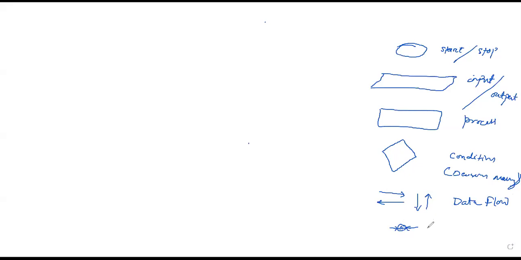Connector means if you are drawing the flowchart on paper, and at the end of the sheet your flowchart is not completed, then you start from the next sheet, so you put a connector at the end of the first sheet and at the starting point of the second sheet. So is this visible to all of you? Yes, sir. Yes.